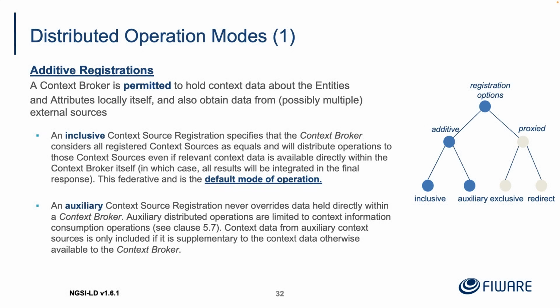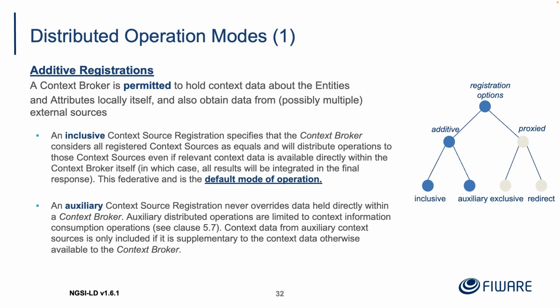But in general, my stuff is better than your stuff. So in the case of an auxiliary, if I have data in my own context broker, that should be used in preference to the data which is received from the auxiliary source. This means that you will always get something, but you will get your preferred data rather than necessarily getting the one which is most recent or, you know, cheaper or whatever.